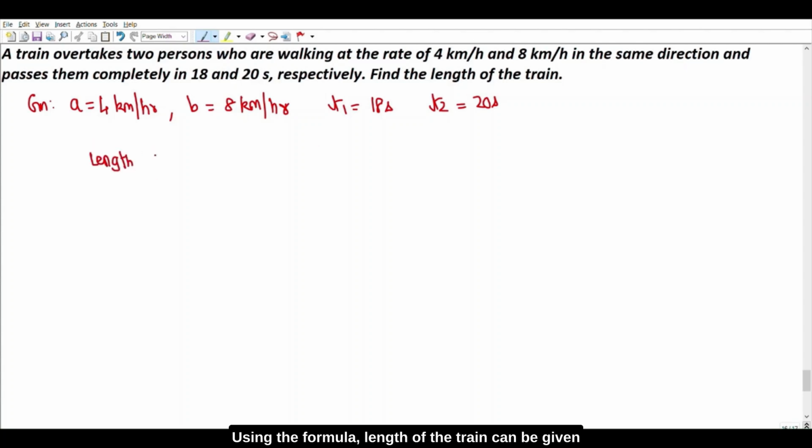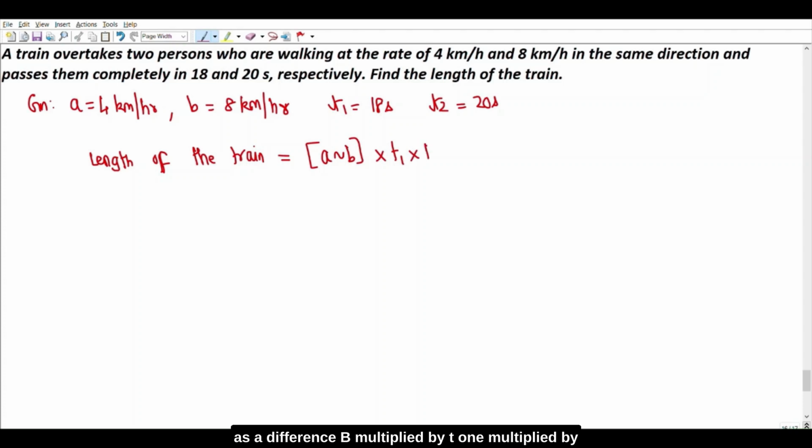Using the formula, the length of the train can be given as A minus B multiplied by T1 multiplied by T2 divided by T2 minus T1. Here speed is given in kilometers per hour, so we will convert it into meters per second.